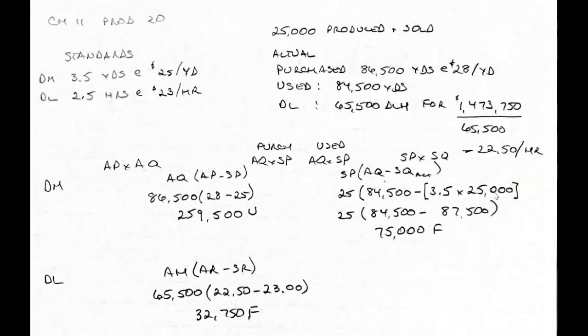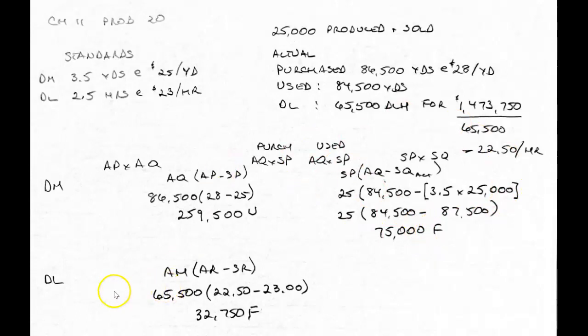So 25,000 times 84.5 minus 87.5. So we have 3.5 yards per unit, and our actual units produced and sold were the 25,000. So that gives me $75,000 favorable, and I don't think they asked for it. Sorry. But you can't practice this one enough.